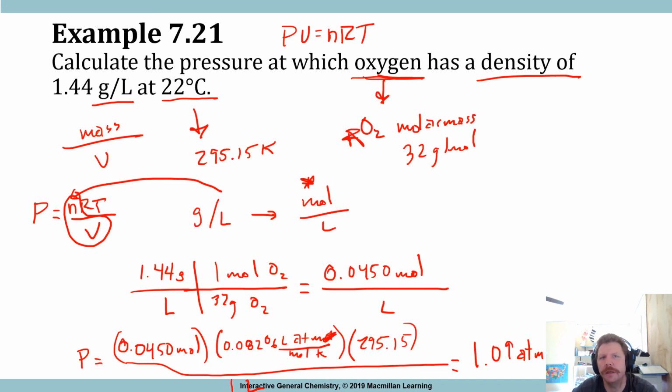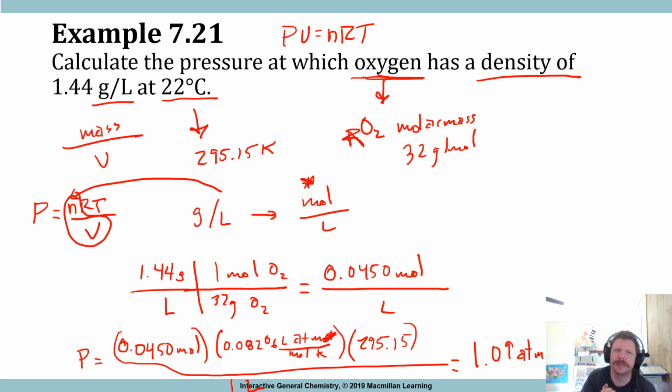Now this is, I would argue, one of the more challenging sorts of problems because what you're doing is taking a density that you're provided with and having to convert it from the density units that we've been working with over the course of the semester, grams per liter, to moles per liter. And there's kind of a barrier to that.